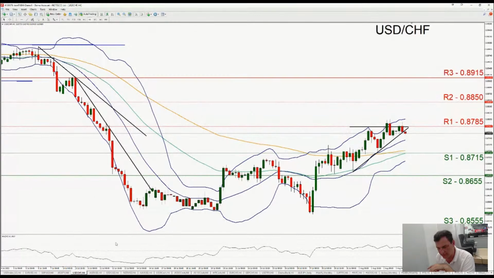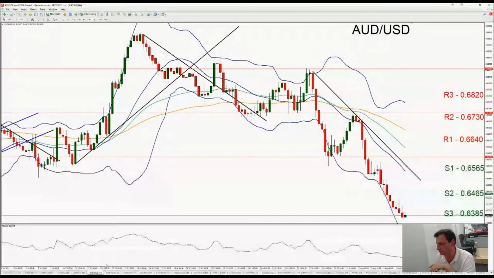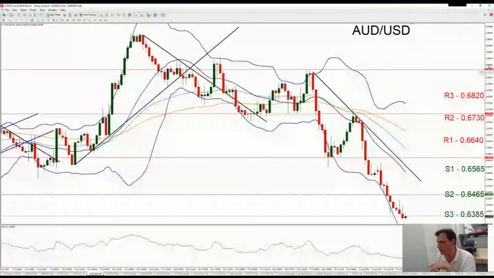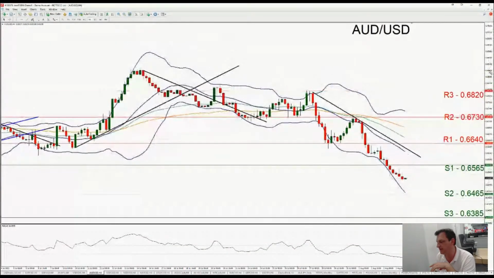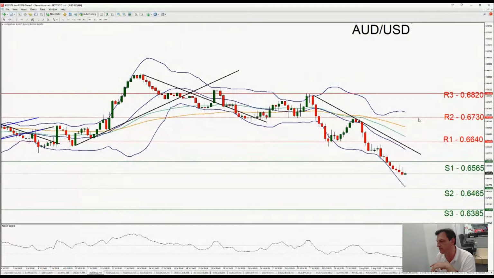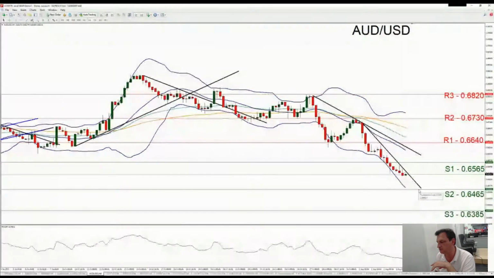Let's have also a look at the Aussie. Okay, we can see how clearly the downward movement has been maintained as the pair was able to break below the 0.65, and I would be talking here about an intensification of the downward movement, possibly like this.